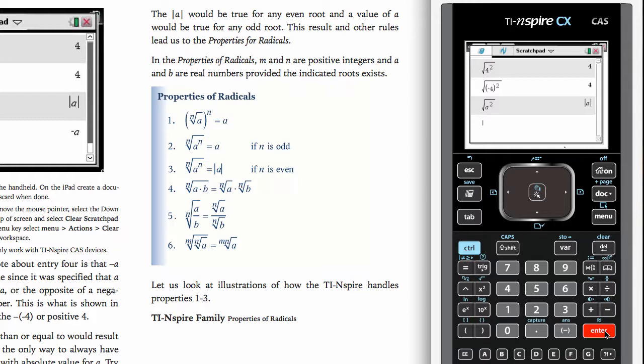To look at some of the details for this, go to square root, A, square it, go outside the radical, use the with operator.